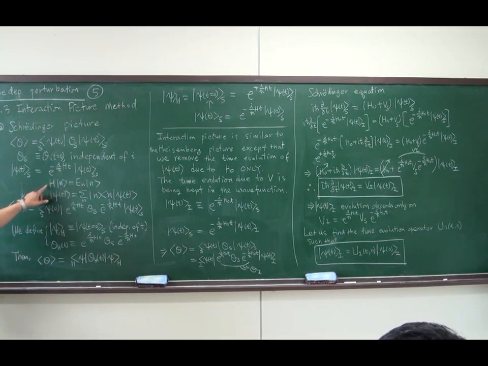where the H has eigenkets n whose energy eigenvalue is En. If you take the complex conjugate, because H is Hermitian, I only have the sign difference, and the state bra.